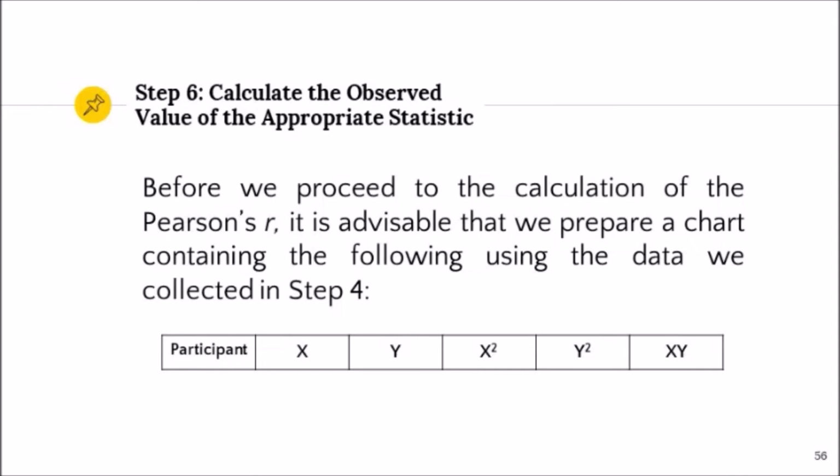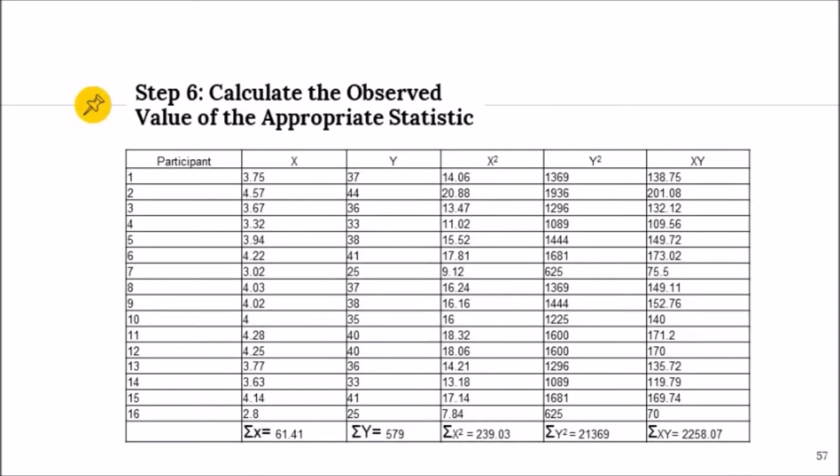For step 7, we will now calculate the observed value, which is to be compared later on to the critical value. Let us now take a clear look at these values.